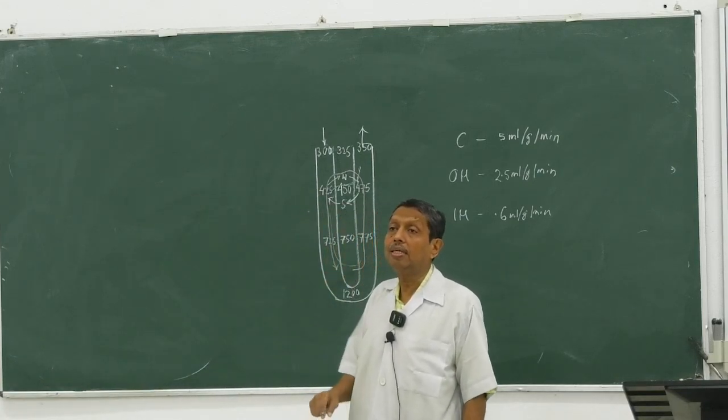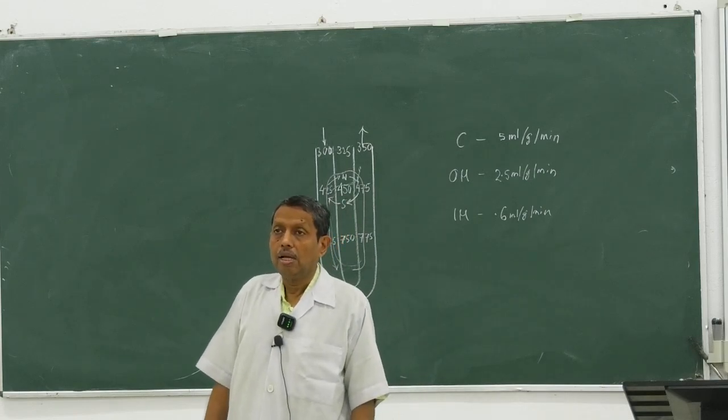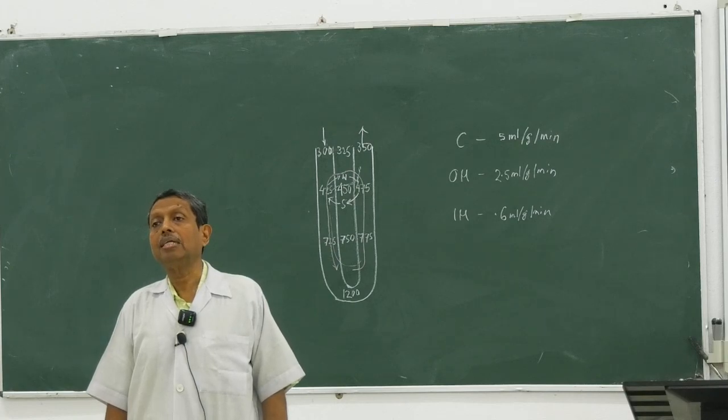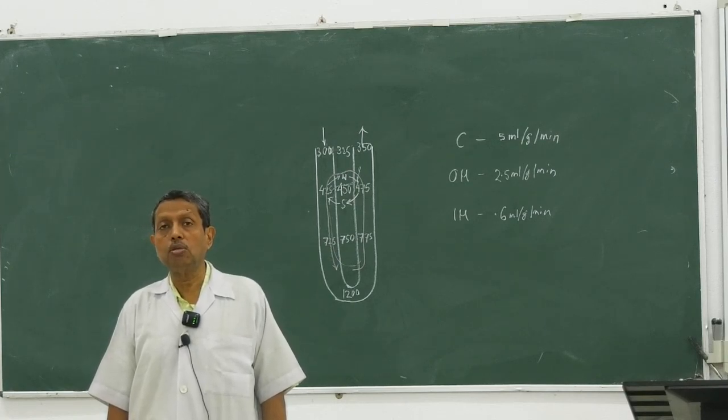So it maintains the osmotic gradient, and if this osmotic gradient is not maintained, then there is no chance of concentration of the urine.